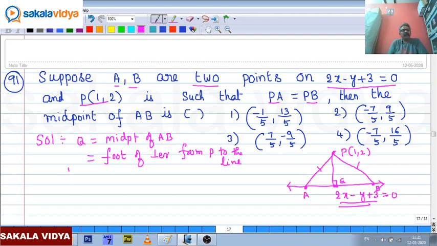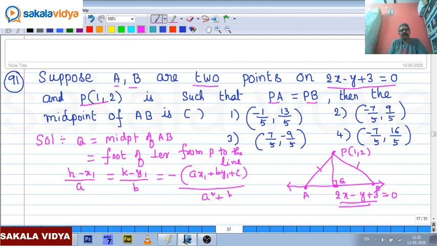So we have the formula (h minus x1) by a equal to (k minus y1) by b equals to minus of (a x1 plus b y1 plus c) by (a square plus b square).